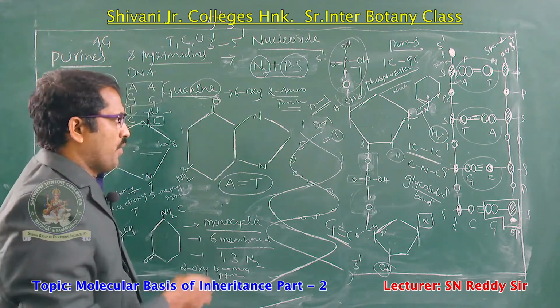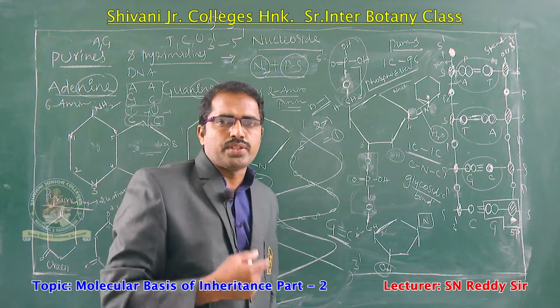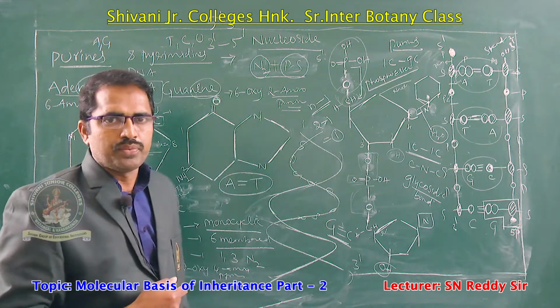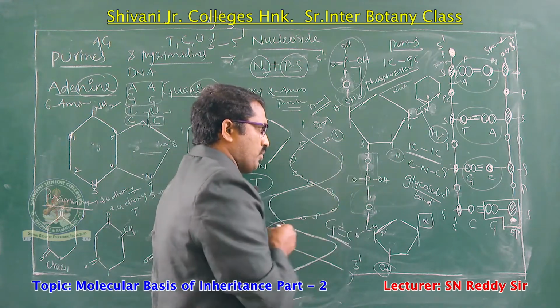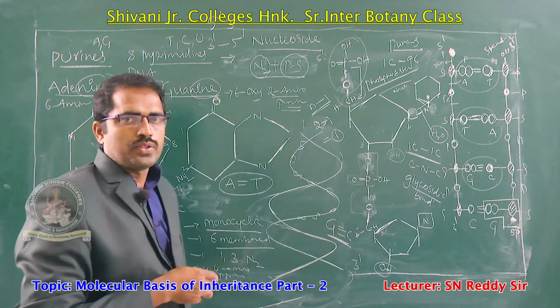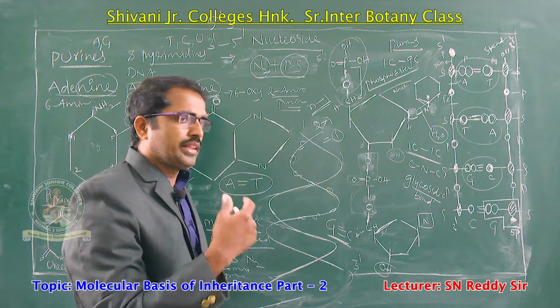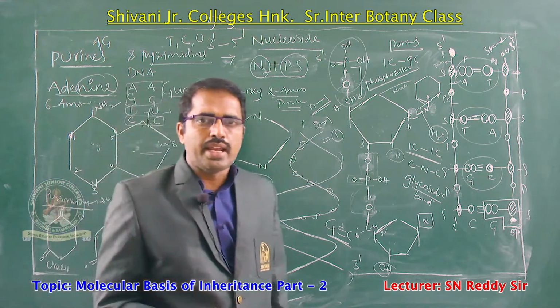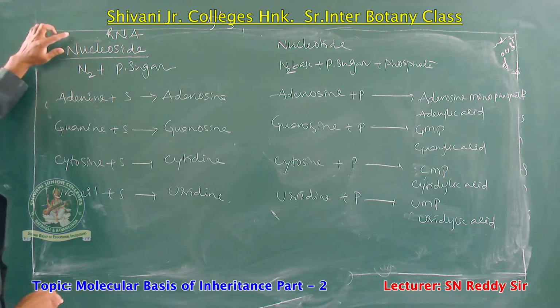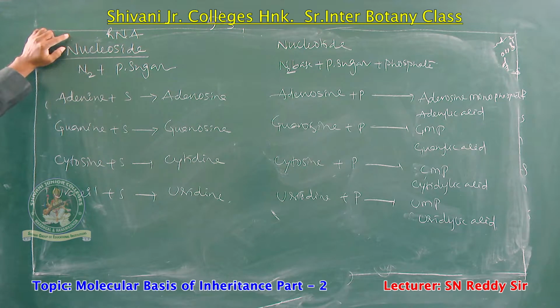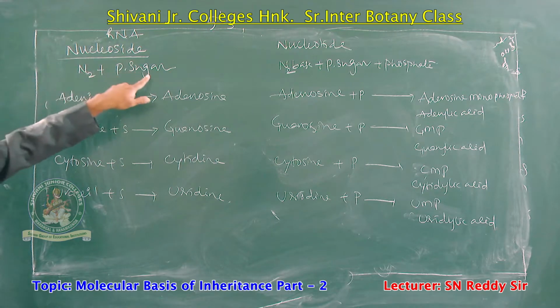Now we have to know the properties of this genetic material. This DNA was first discovered by Watson and Crick. So the structure of the DNA, the length of the DNA, the diameter of the DNA, and the types of nucleotide. In the case of RNA, nucleoside is nitrogen base plus pentose sugar.